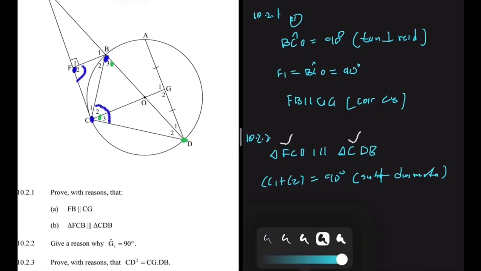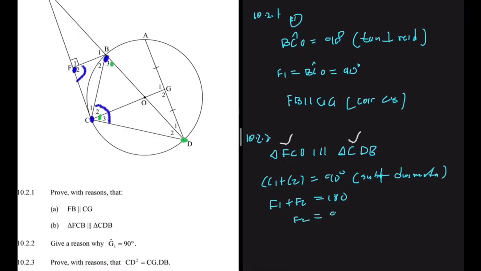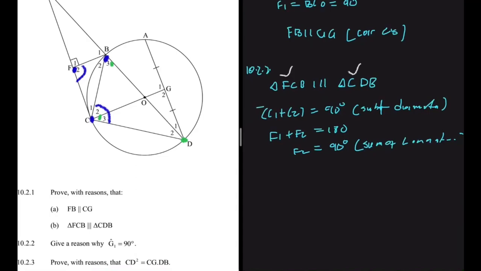How can we do that? We can say that F1 plus F2 is equal to 180, but F1 is 90 degrees. So F2 should be equal to 90 degrees. This is the sum of angles on a straight line. Now we've proved that those angles are equal, and we can find another pair.